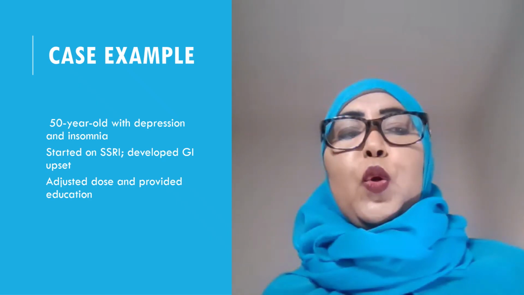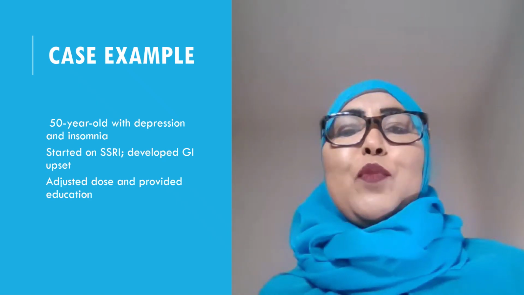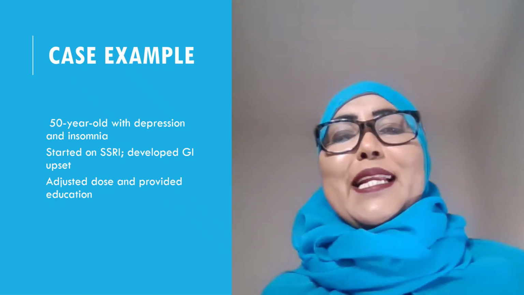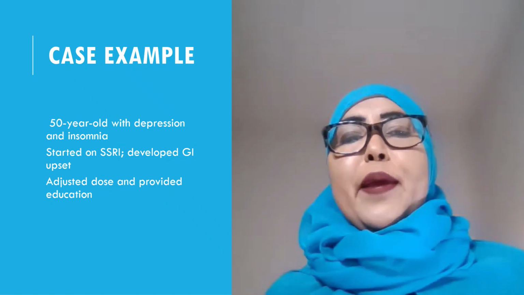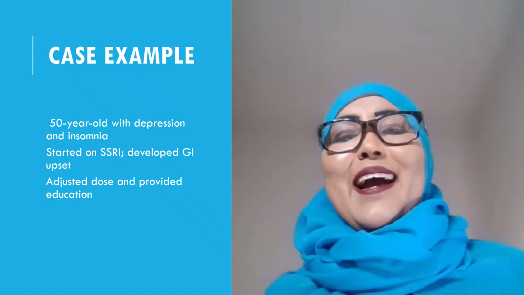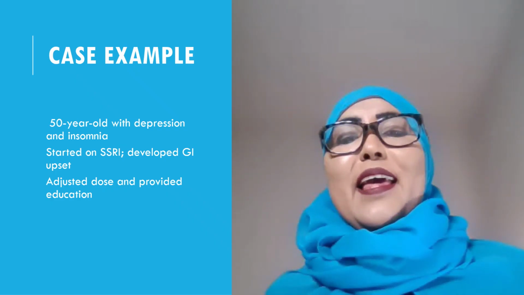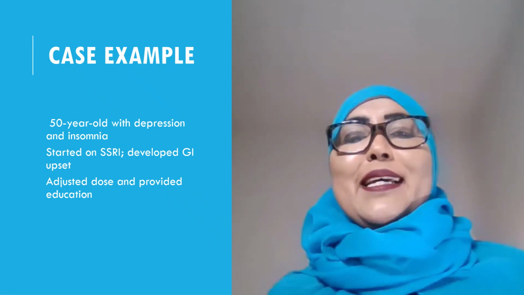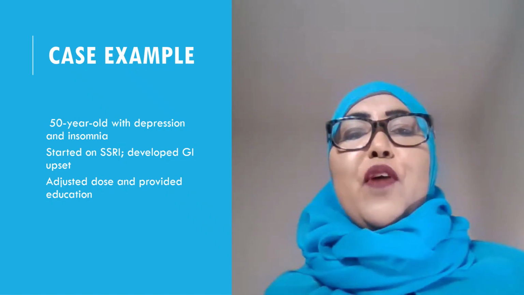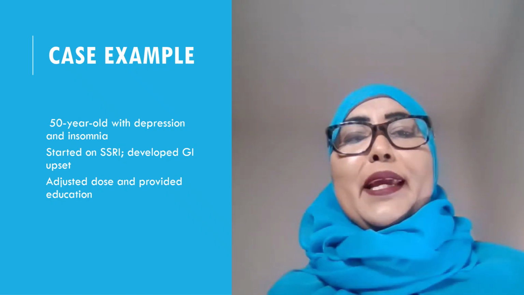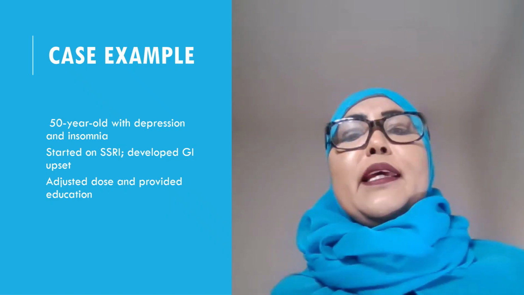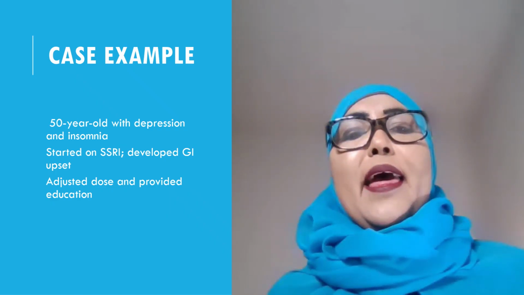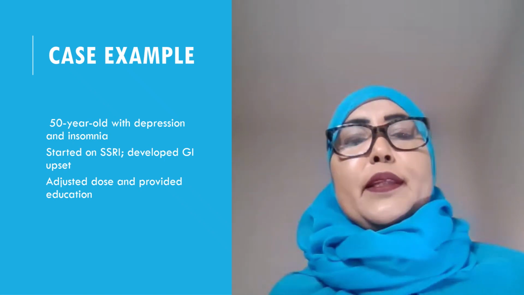For example, we have a case study example of a 50 years old with depression and insomnia. We started with an SSRI, and then the patient developed GI upset. We will adjust the dose and provide education about the medication, treatment, side effects to expect, and then follow-up appointment.